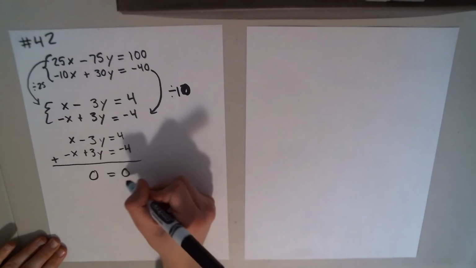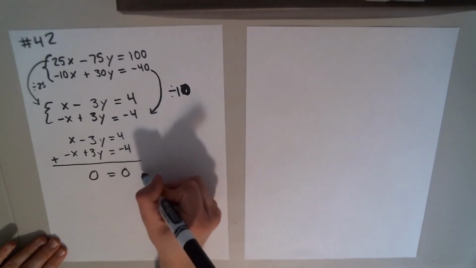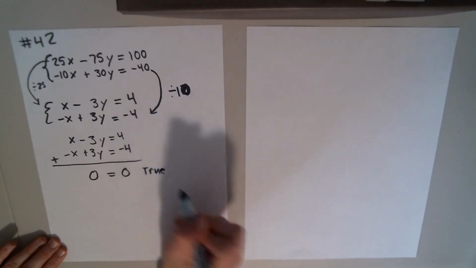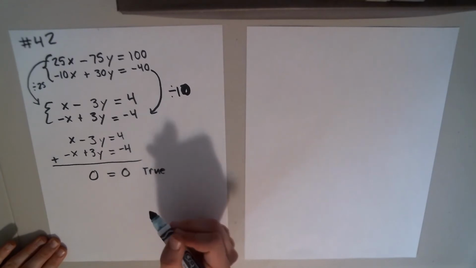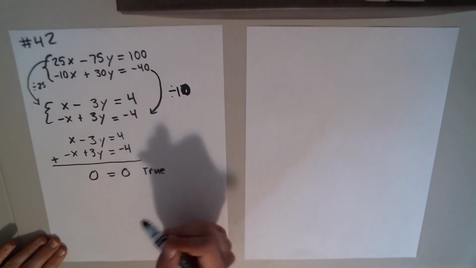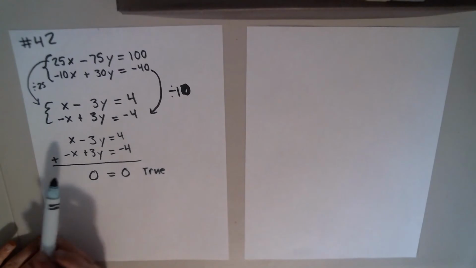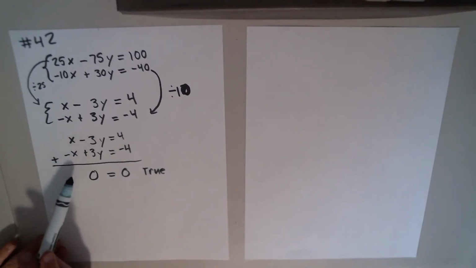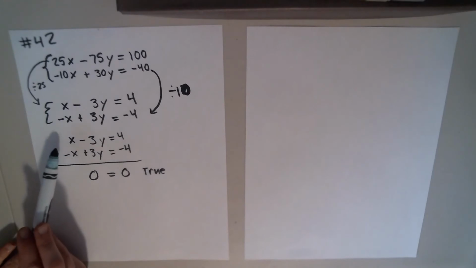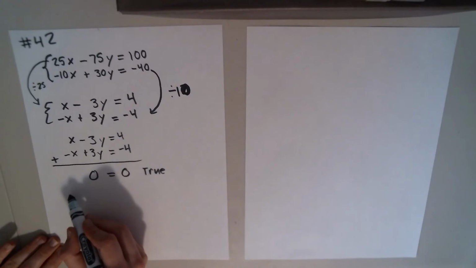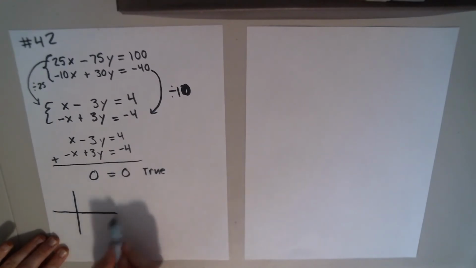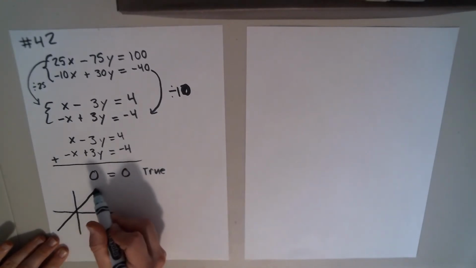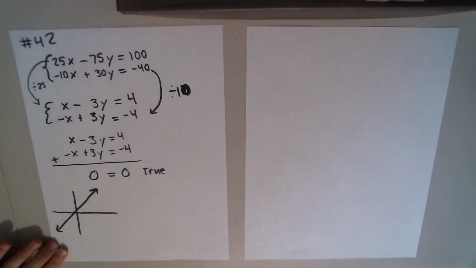This is a true statement, right? So there will be infinitely many solutions. Essentially, what this means is these two equations are the same thing, right? They describe exactly the same points, and so when I graph them, maybe that would be my first line.